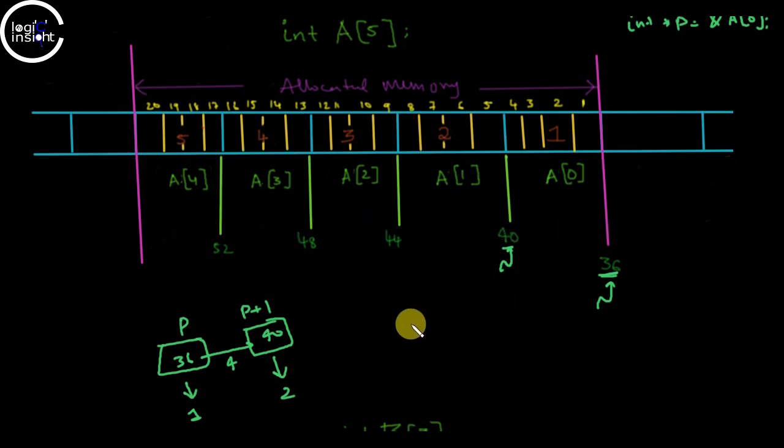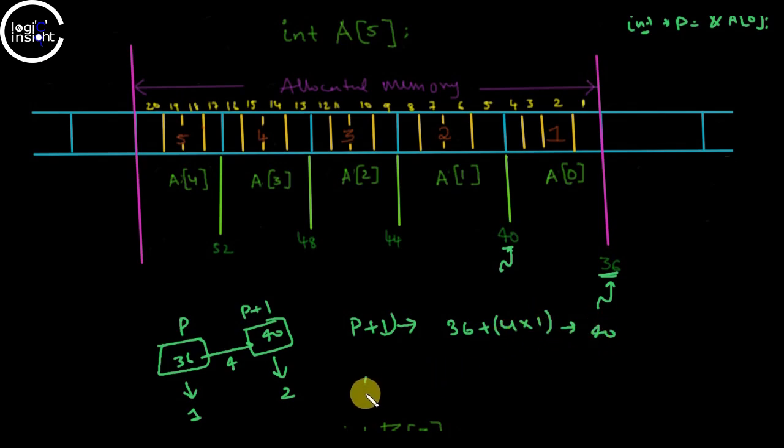So the point I want to highlight is, whenever you increment a pointer of integer type, you can write something like 36 plus the size of int, which is 4, into the value here, 1. Then if you calculate this value, you will get the answer as 40.